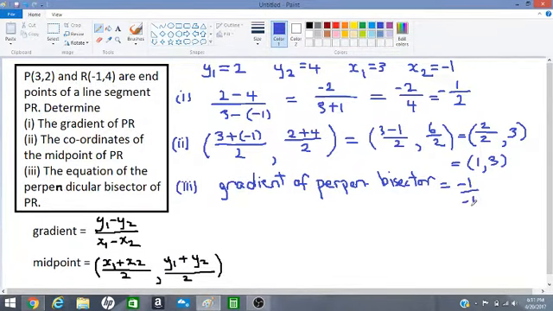So let's divide and see. A negative divided by a negative is a positive. So this will result in 1 times 2, which is 2. Okay, so the gradient of our perpendicular bisector is 2. And we have 1 point which it passes through, the point 1 and 3.